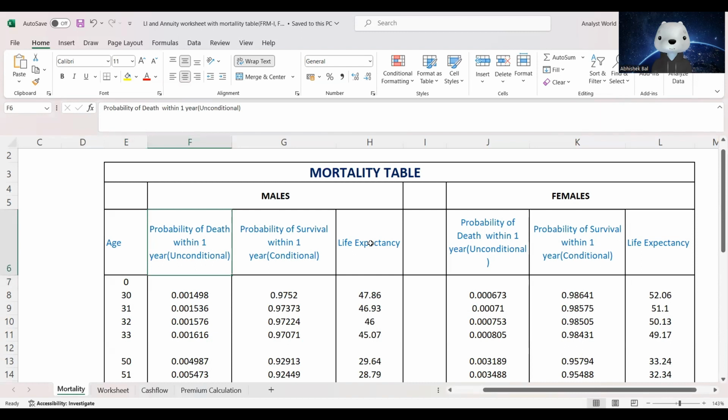For our purposes of calculating premium, we could ignore this particular column. The same notation appears here as well in case of females. Probability of death, which is unconditional, is in column number J. Probability of survival, that is conditional, is column number K, and then column L is life expectancy. We could ignore this column.